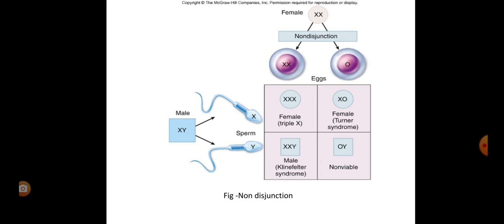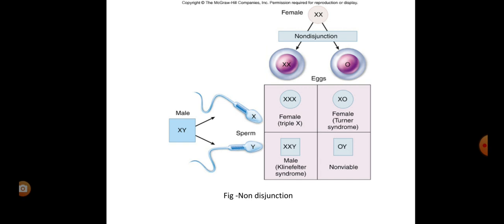It forms a female, but that individual has a disorder, that is Turner syndrome. Okay, next, when the Y bearing sperm is fertilized with this XX egg cell, what will it form? XXY. That means it forms a male, but the male also has a disorder, that is Klinefelter syndrome.